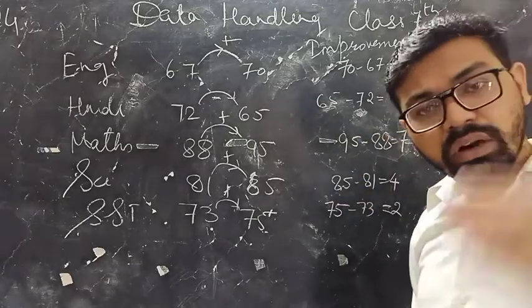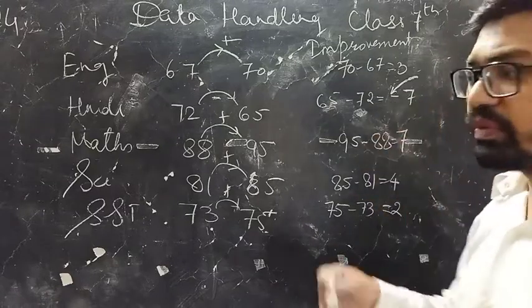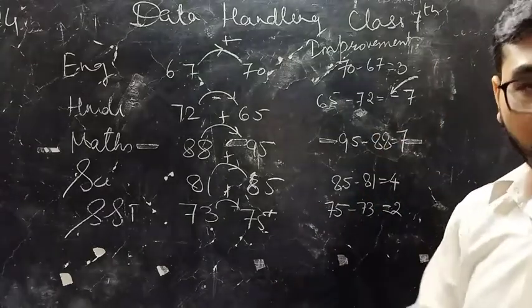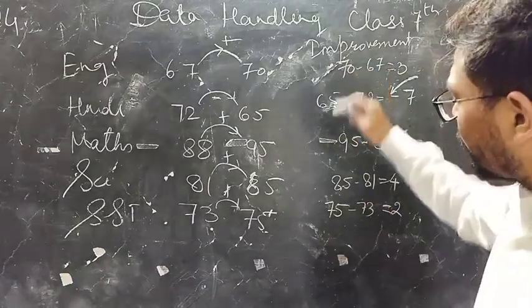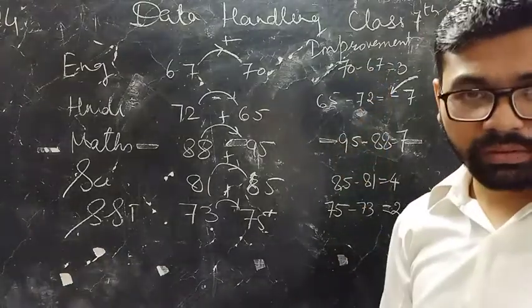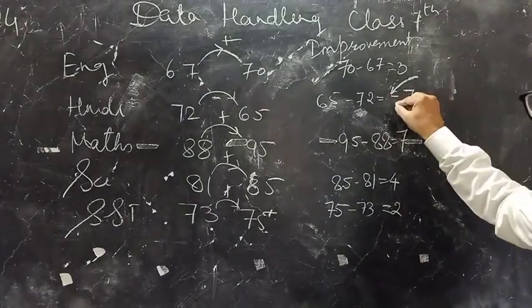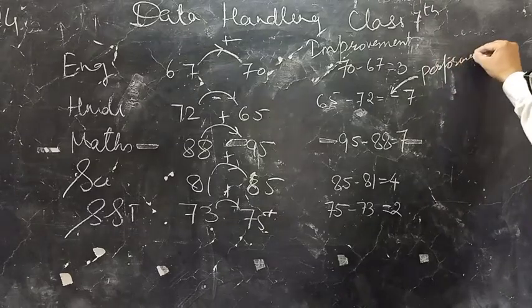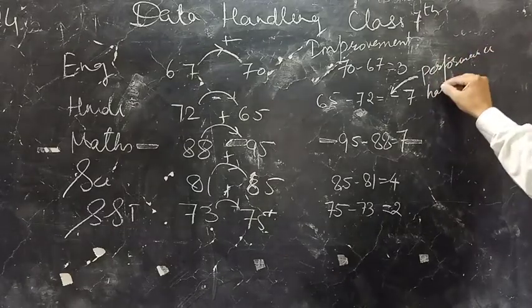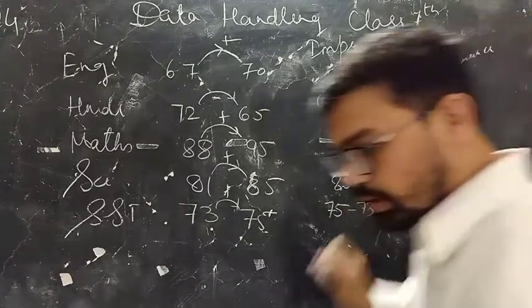The performance has gone down, that means his performance deteriorated. But in all the other four cases, there is an improvement. Note it down fast. So this negative indicates performance has gone down.